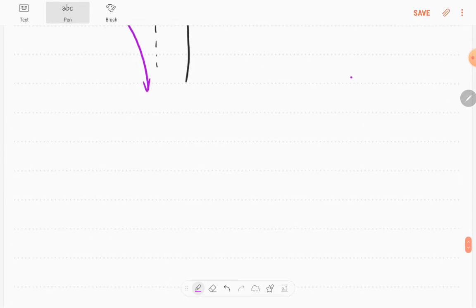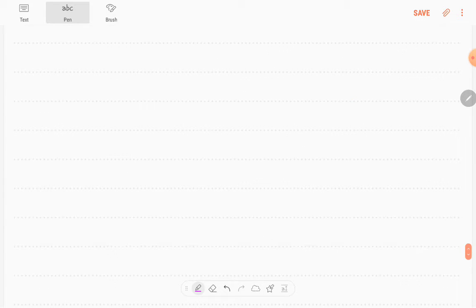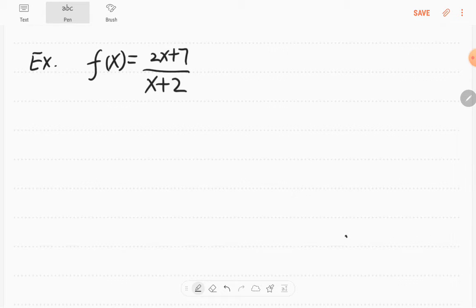So now let's look at another example. This time, f of x is given by (2x plus 7) over (x plus 2). So now we don't need to simplify, right?